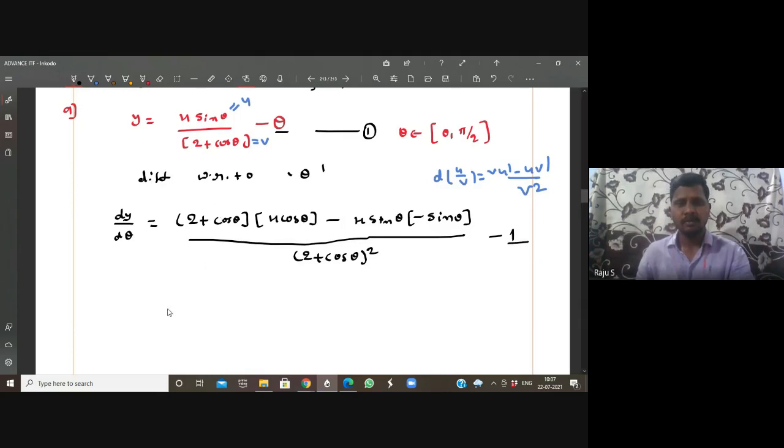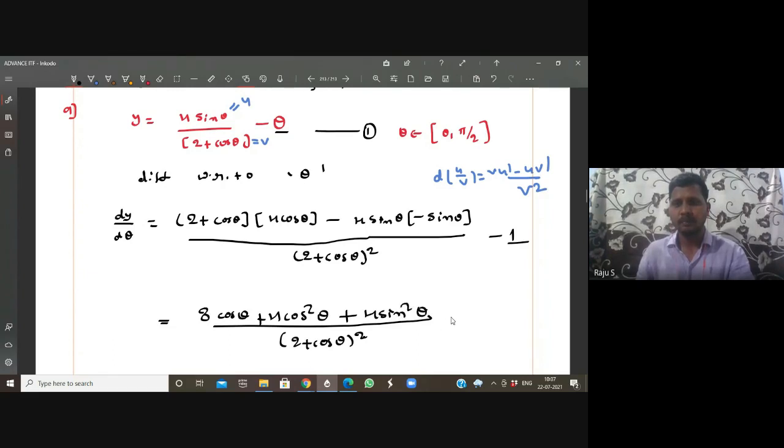Now, I don't want to take the LCM. 2 plus cos theta whole square alone you can write. Now your numerator: 8 cos theta plus 4 cos square theta plus 4 sin square theta minus 1.